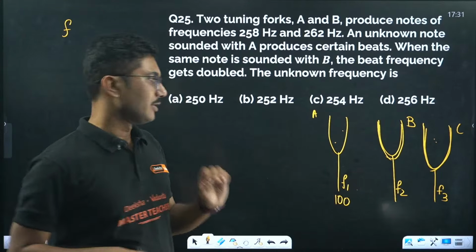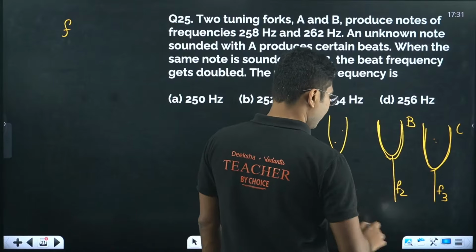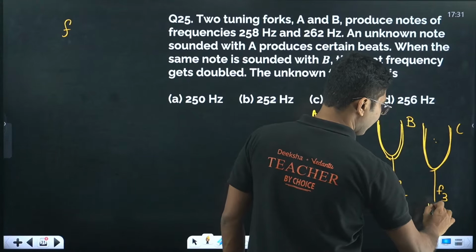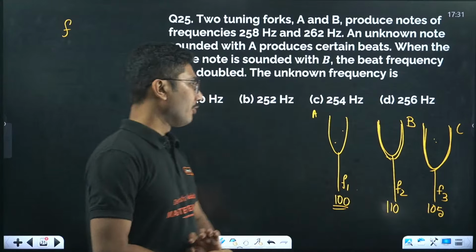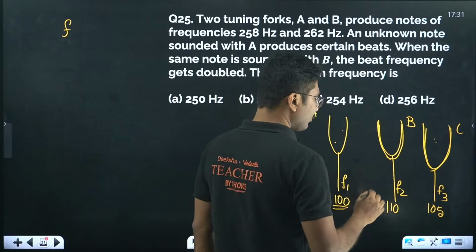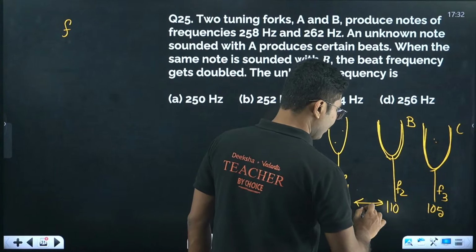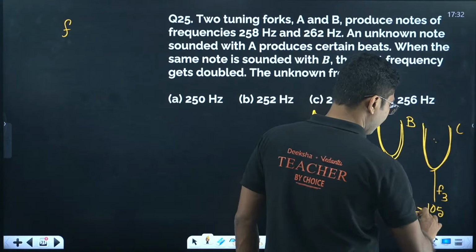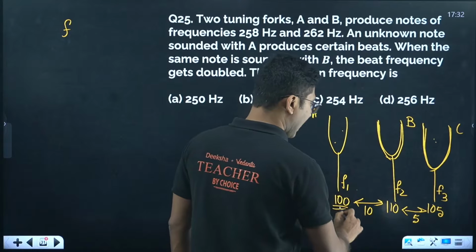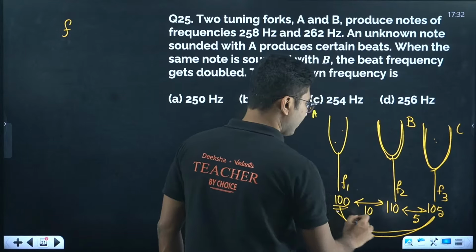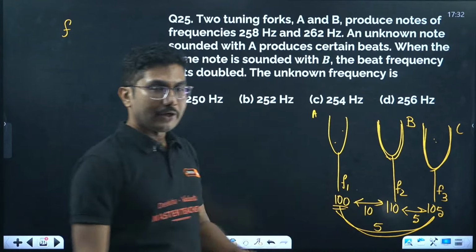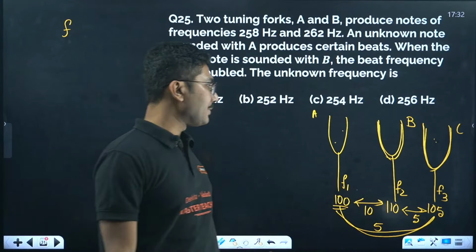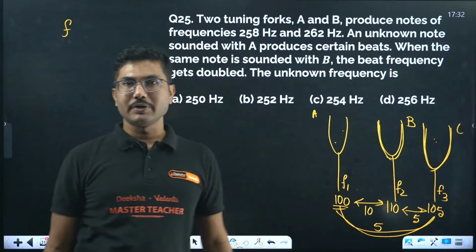That is called beat. Suppose this is 100, the second one is 110, and this one is 105. Between the first two it will produce a beat frequency of 10, between the other two a beat frequency of 5, and between these two also a beat frequency of 5. So beat frequency is basically the difference in frequency.